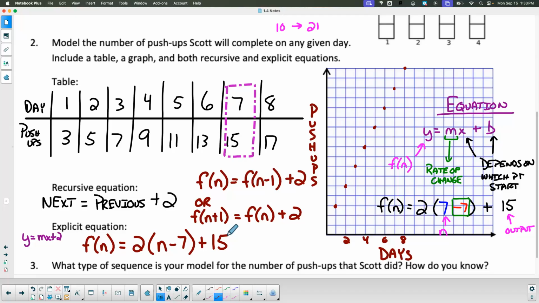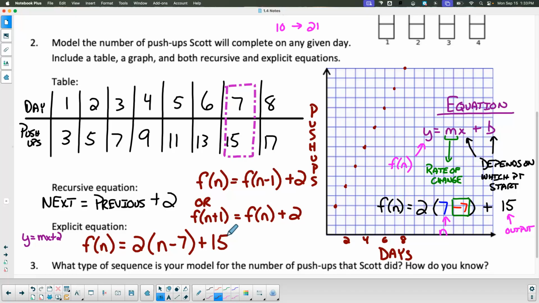Now, what if we chose a different point to start with? We'd get a different equation, right? So there's got to be a way that we can all get the same equation, and that way is we simplify this.